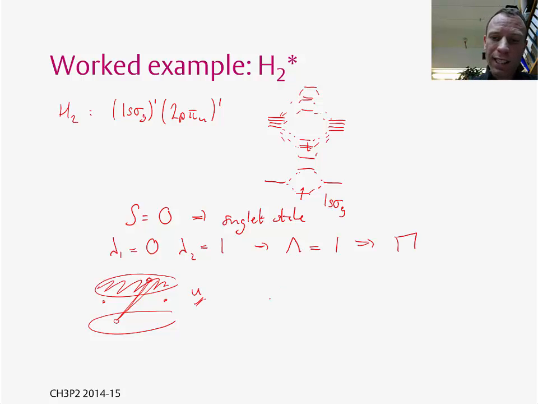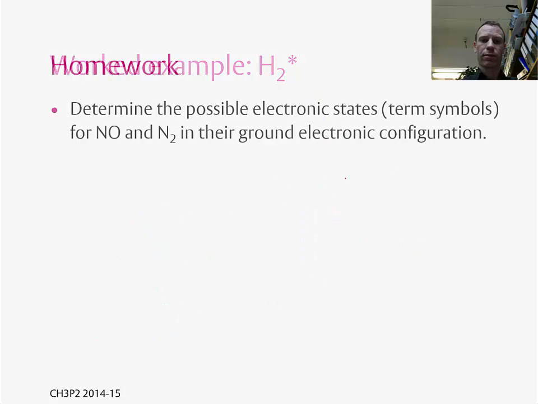So we combine these, and in the end we get a singlet pi u state for hydrogen in one of its excited states. Okay, so that gives us an example of how we can work through these cases.